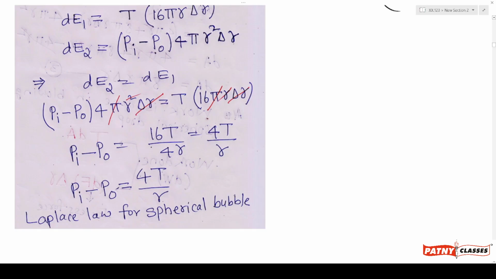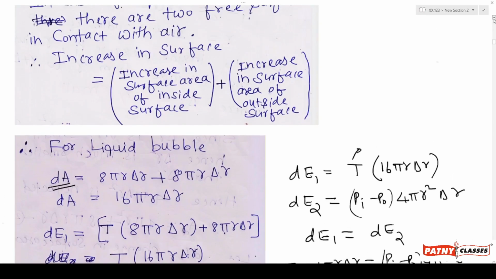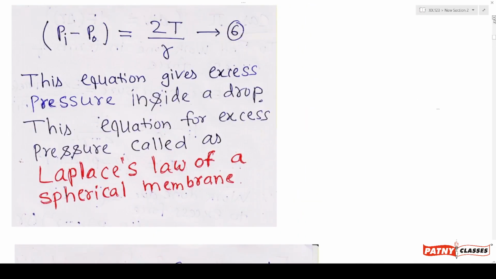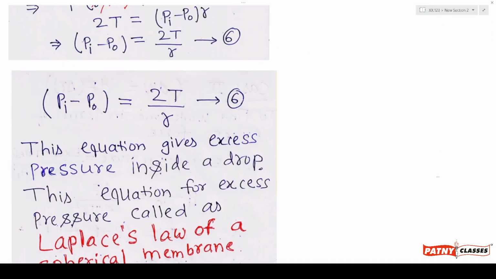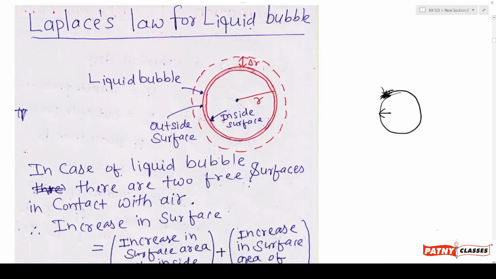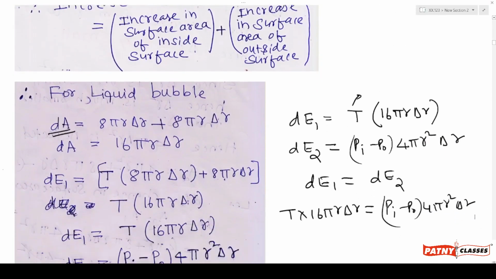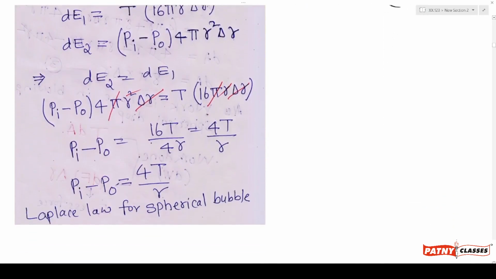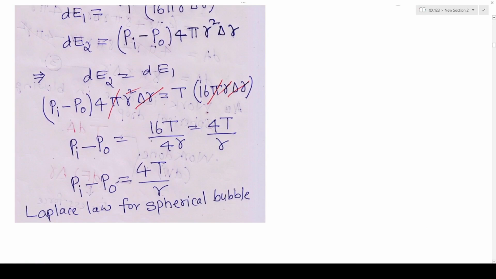For the drop it was 2T upon r, and for the bubble it is 4T upon r. So Pi minus P naught equals 4T upon r. This is the Laplace law for a spherical bubble.